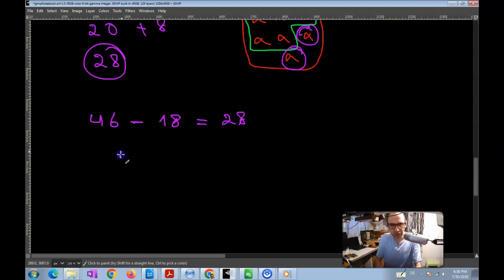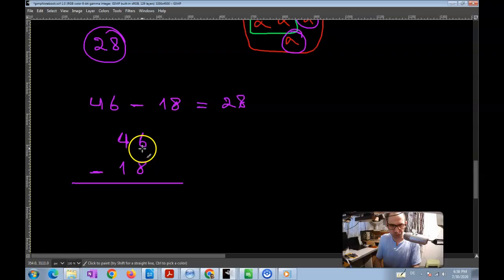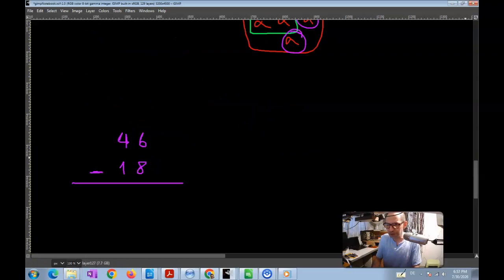The subtraction algorithm is you have a 46, and you want to take away 18 of that. So basically what you will do is that this is essentially the ones place value, and this is the tens place value, right?